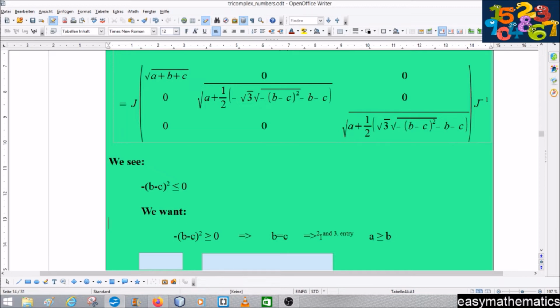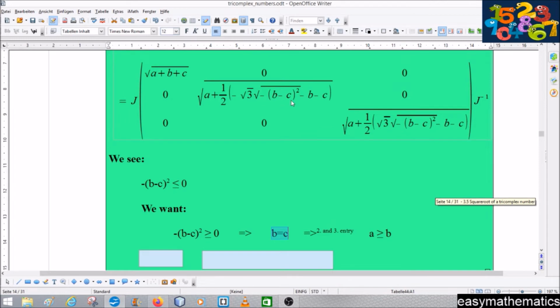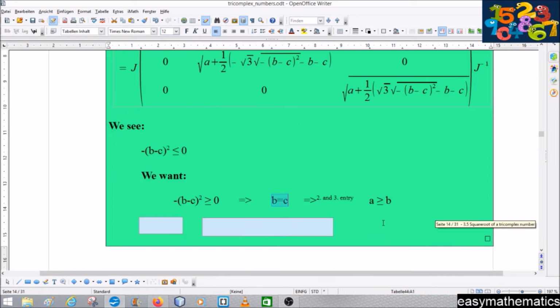Yeah, so what we want here is non-negative radicands under this inner root to avoid the complex numbers. And if b equals c, then this becomes 0. And then if b equals c, we have here minus 2b. So we have a minus b. And then the square root, so a must be greater or equal to b.